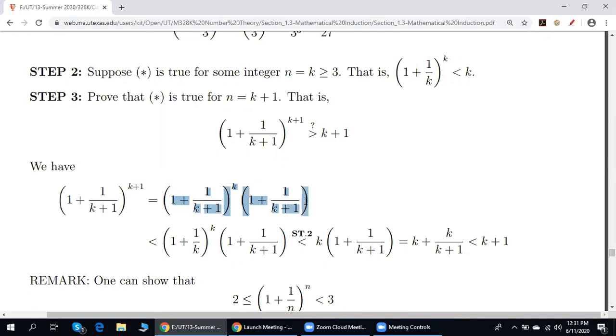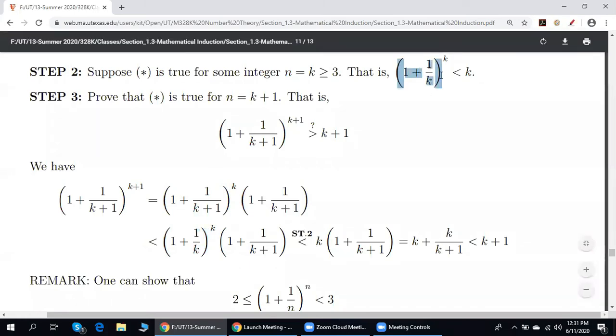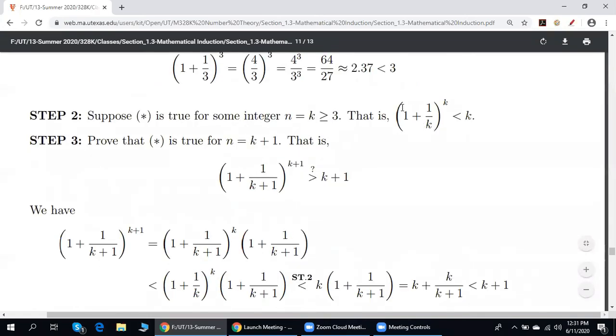Therefore, the whole thing on the left is less than the whole expression on the right. And now observe that what we see over here is the left-hand side from step 2. So, if we multiply the left-hand side here and the right-hand side here by this expression, this inequality becomes this. Means, by step 2, the left-hand side is less than the right-hand side.